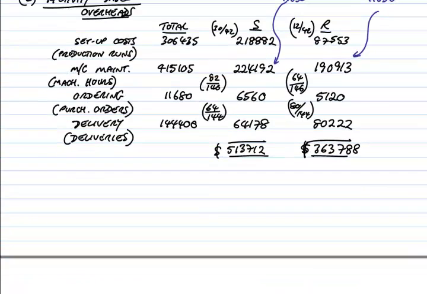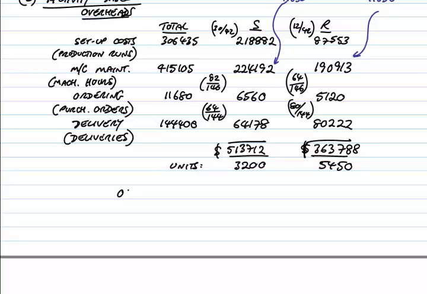However, although I split the overheads in total, to do the cost cards, we need the overheads per unit. So that's easy enough. How many units are there of each? S, we're producing 3,200. R, 5,450.